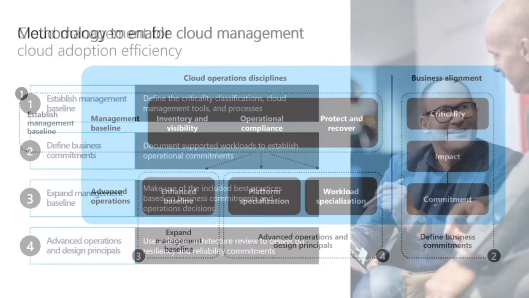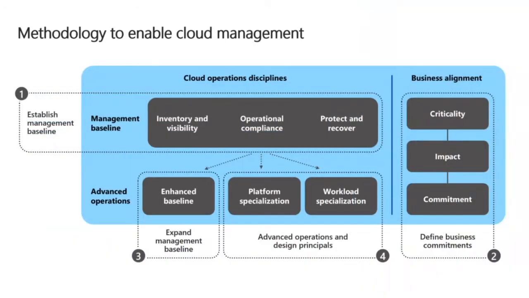Here you can see the methods to enable this. This is a complete framework of a cloud operation. It's a four-part discipline. You can see that establish management baseline, and there are three ways to establish a baseline.